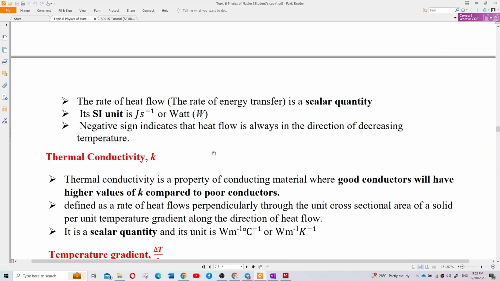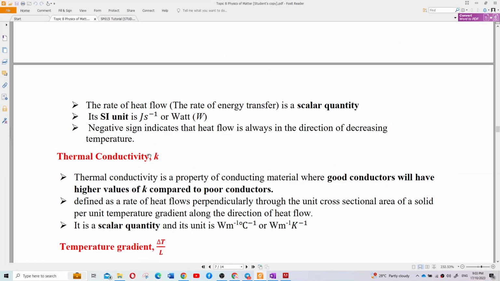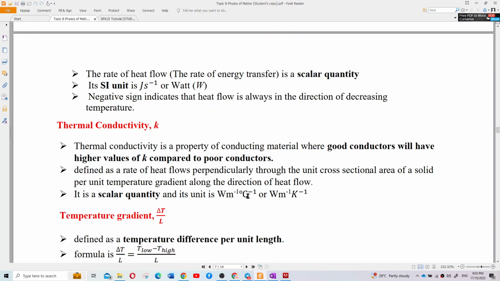Thermal conductivity is a property of the conducting material, where a good conductor will have a higher value of K compared to a poor conductor. So K, like Young modulus, depends on the material. There are good conductor materials and bad conductor materials. The unit for K is watt per meter per degree Celsius, or watt per meter per Kelvin. If you used degree Celsius for delta T, you get per degree Celsius; if you used Kelvin, you get per Kelvin.